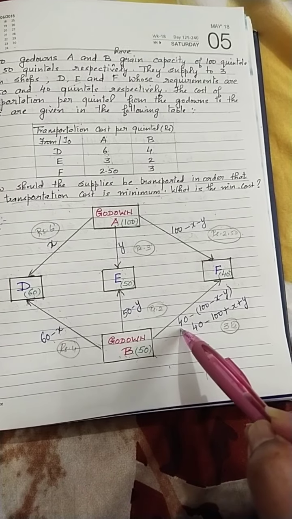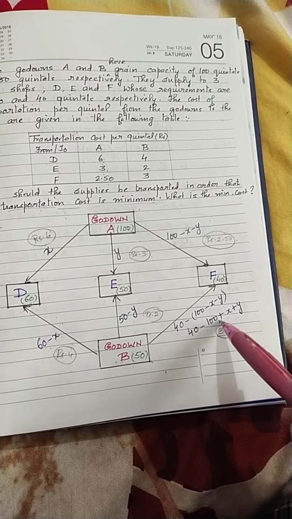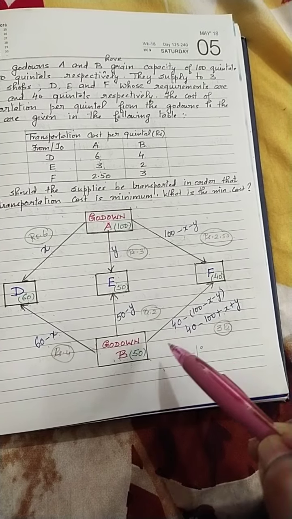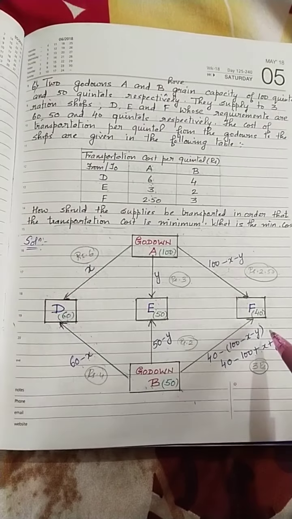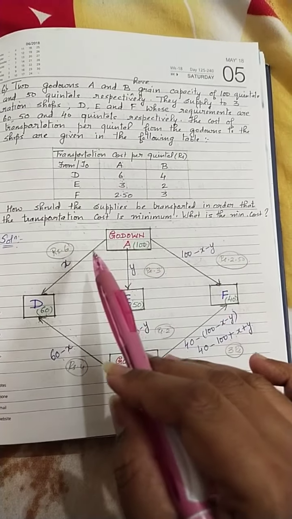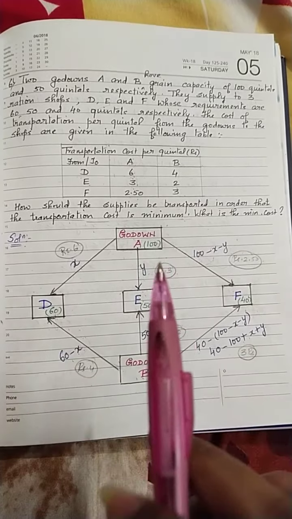So it will be 40 minus (100 minus X minus Y), so 40 minus 100 plus X plus Y. This will be the supply from godown B to F. This is the diagrammatic representation, and from here only you will get the objective function.